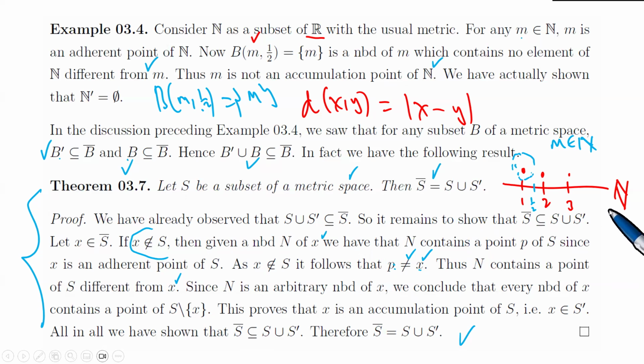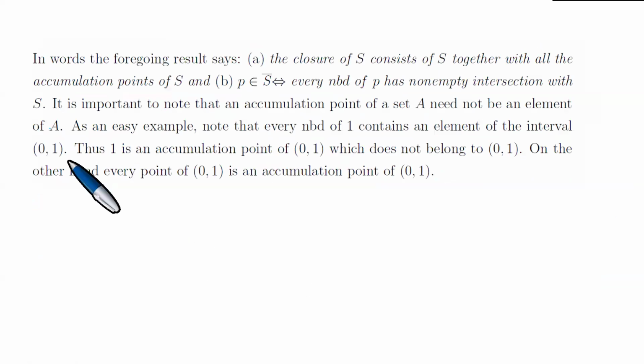I'm sure that we've discussed these things a little, and it was pretty interesting to look at the following quickly and try to make sense of it. In other words, the foregoing result says A: the closure of a set S consists of S together with all its accumulation points.